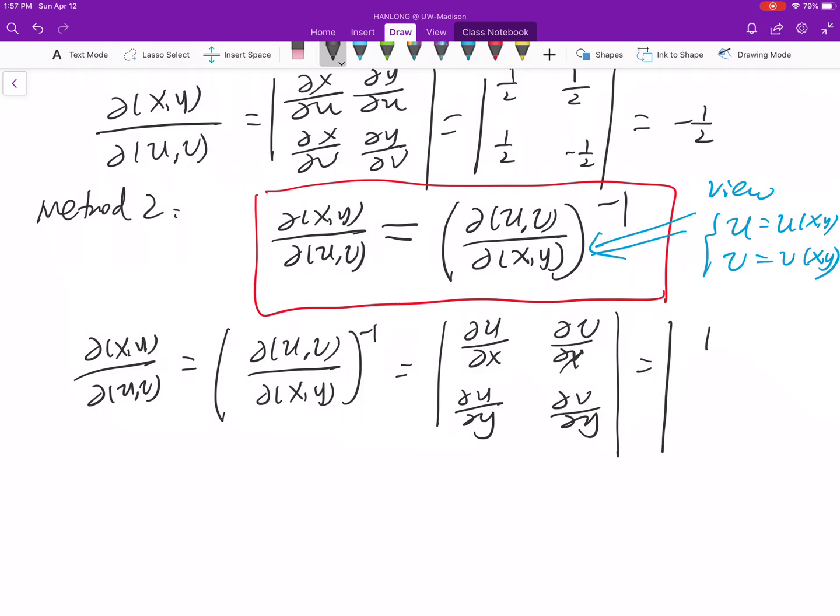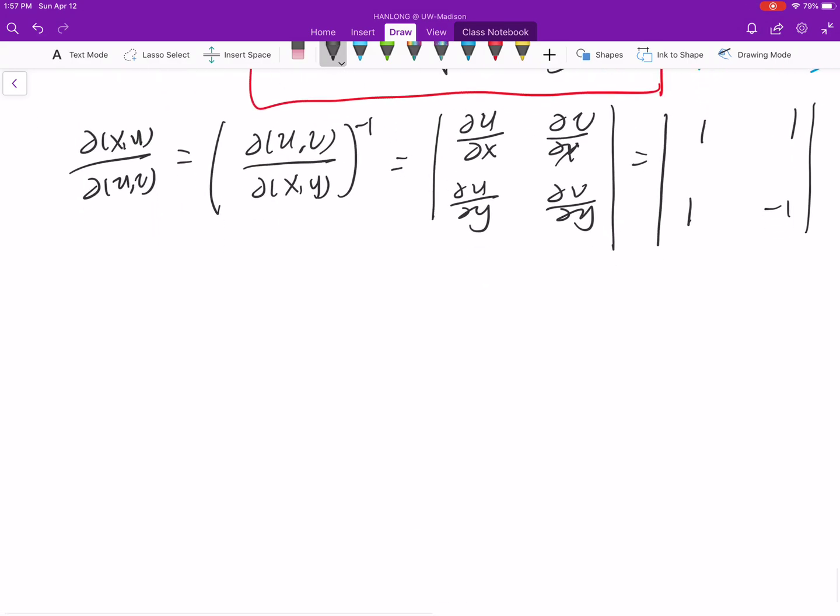So 1, 1, 1, negative 1, which is negative 2, and you have the inverse here. So you have negative 2 inverse, which is negative 1/2.